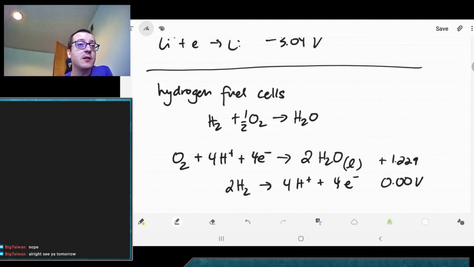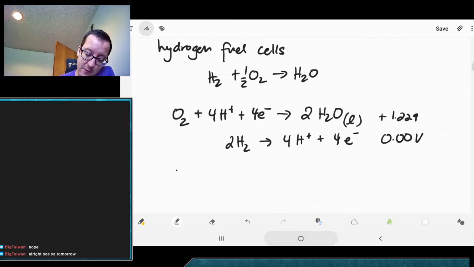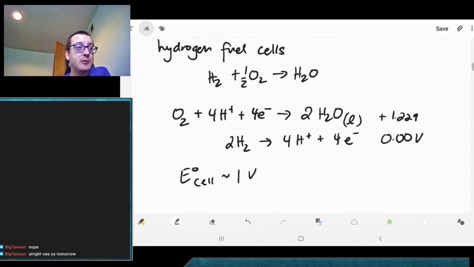That's right. So we do get some nice voltage out here. Again, we're looking at voltages of around 1 volt.